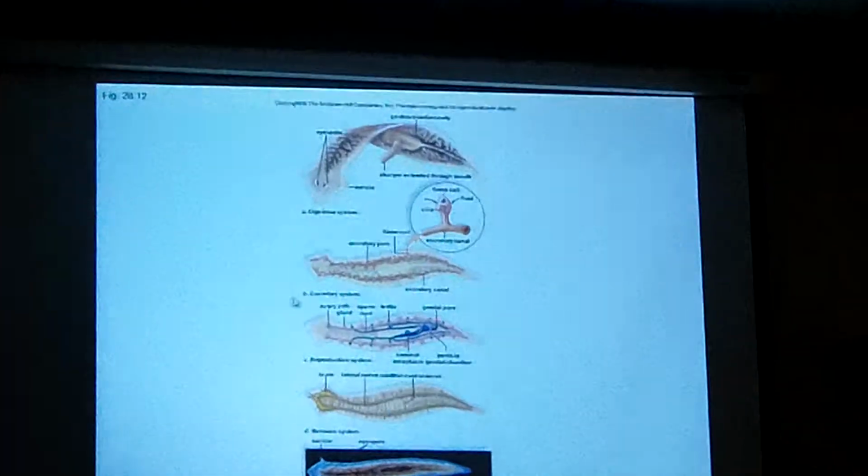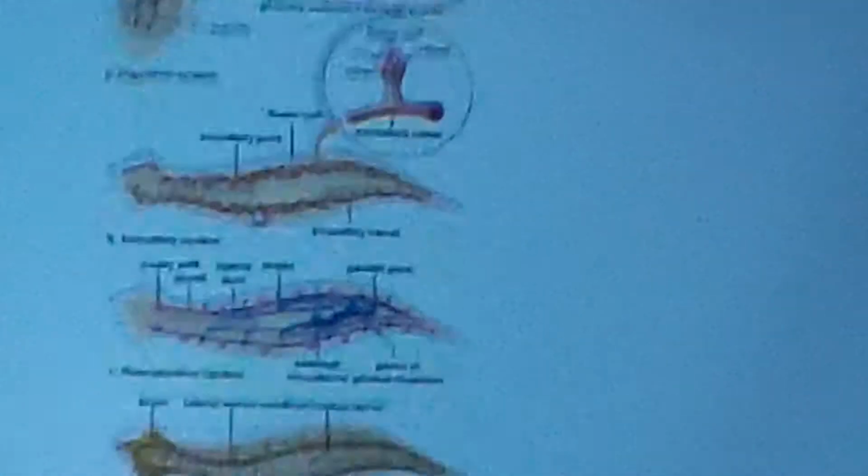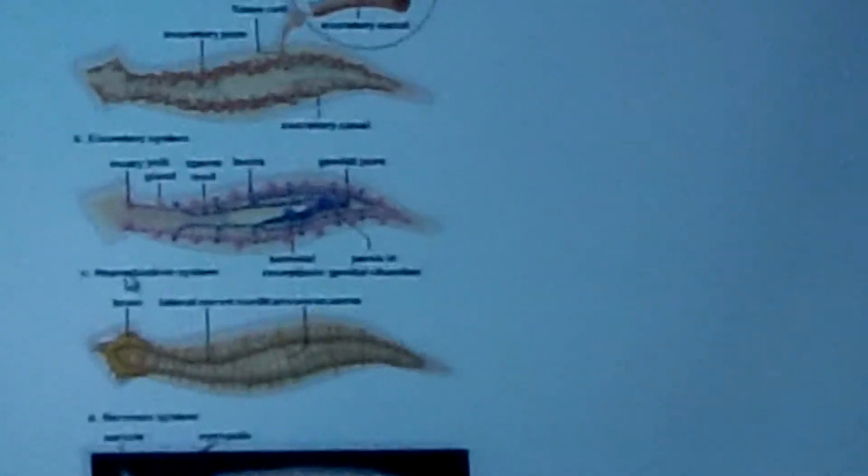So we see the evolution of more complicated systems as we go up through evolution here. This is also the first creature with a complicated excretory system. And when we discuss all the body's systems, we'll take a look at its excretory system again.